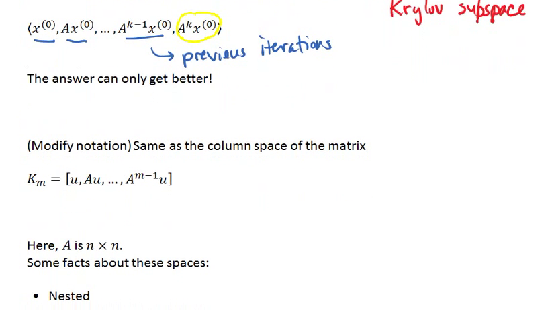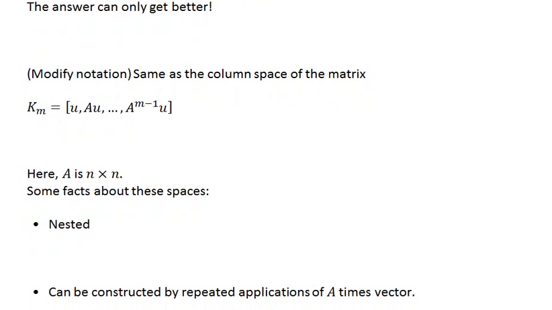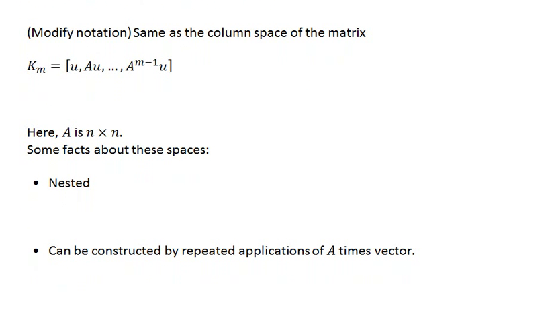So let's now shift our notation away from power iteration so much and talk a little bit more abstractly. So we'll now define this matrix capital K sub m. Okay, it actually depends on the matrix A and the starting vector u.